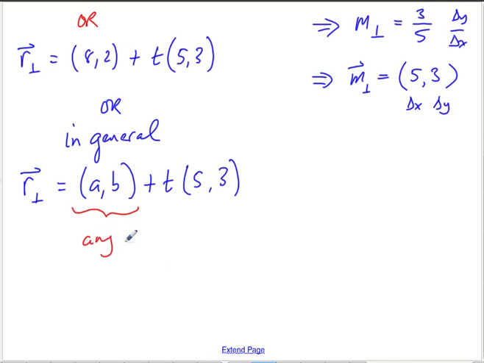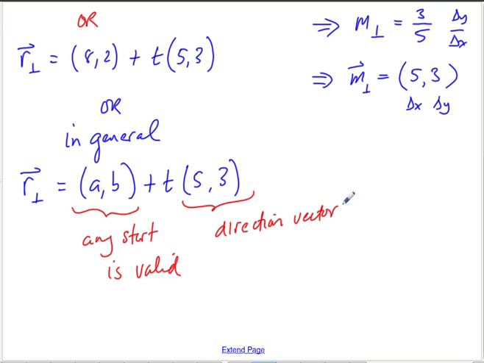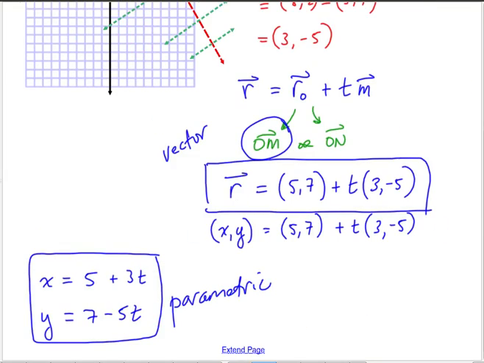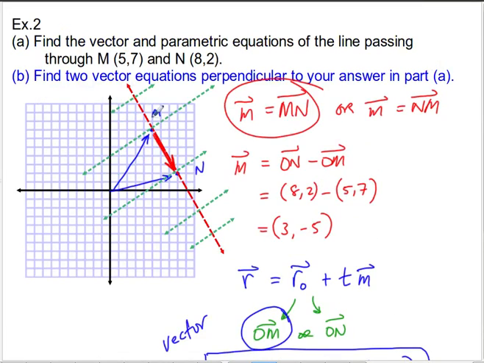So any start is valid, and the direction vector must be perpendicular. That's the important part, is that the direction vector is perpendicular. But you can see that any starting point is valid.